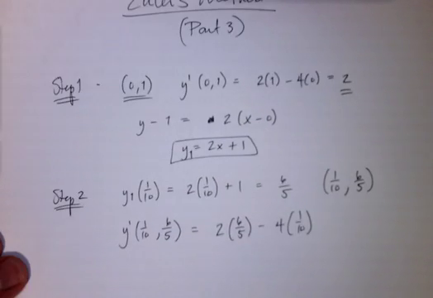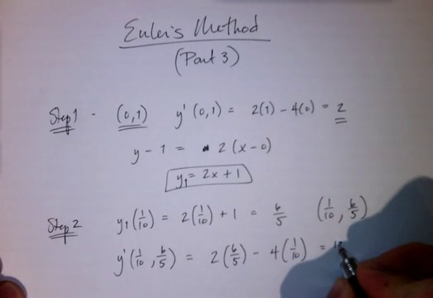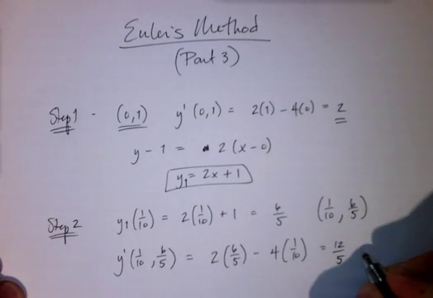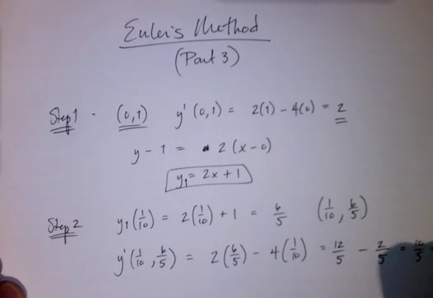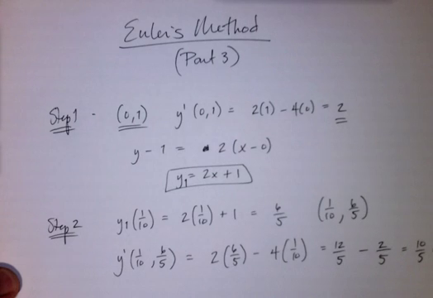That winds up being 12/5 minus 2/5, or 10/5, or 2. Well, that's kind of neat. Let's make sure that I did that correctly. So that's 2y minus 4x. Yeah, I think I did that correctly.